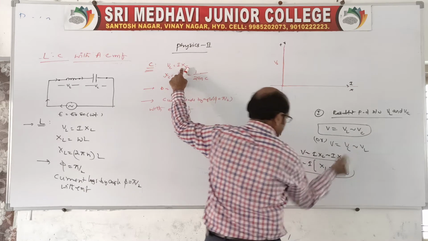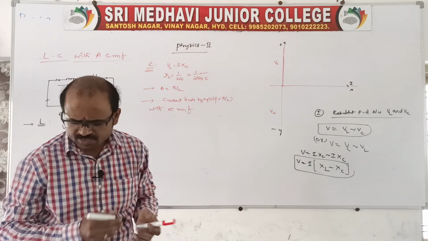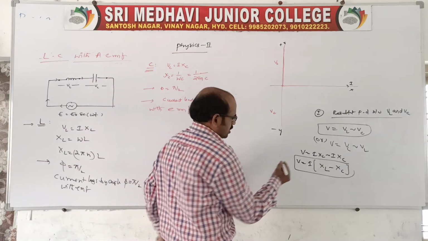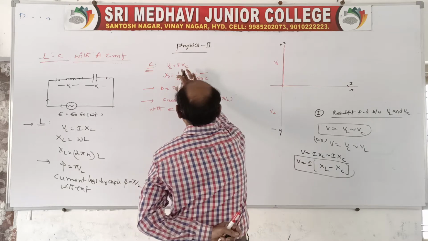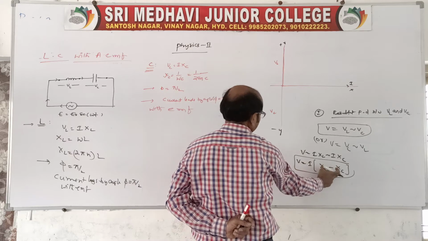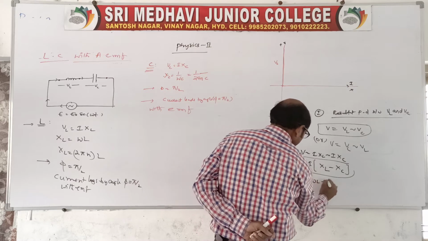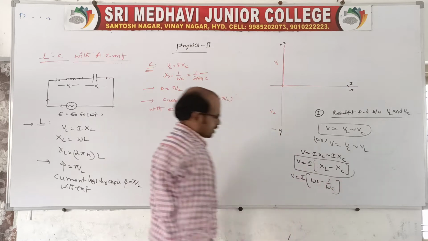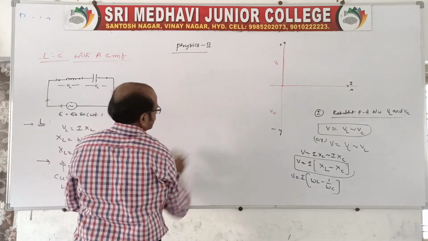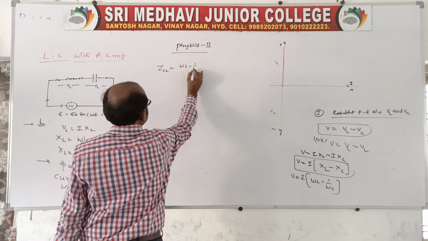Now I want to say one thing: XL is nothing but omega L, and XC is 1 by omega C. So V is equal to I into omega L minus 1 by omega C. Let us say about ZLC: ZLC is equal to omega L minus 1 by omega C.